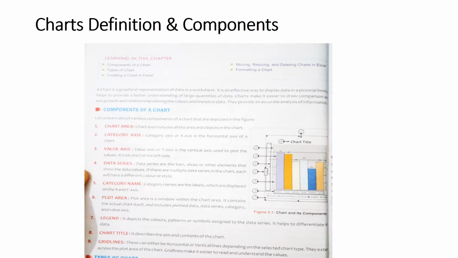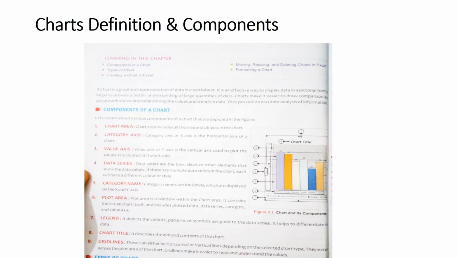It helps to provide a better understanding of large quantities of data. We know that a diagram or the pictorial representation of any data is easier to understand as compared to the things that are available in the form of values or text.